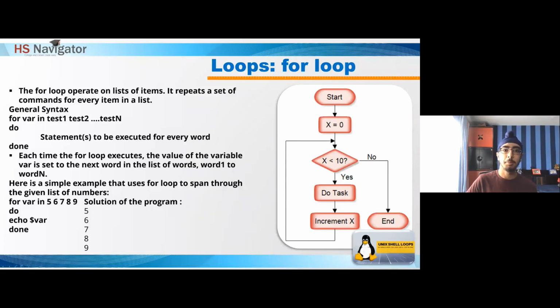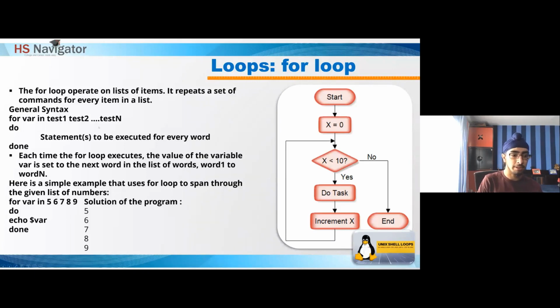The basic syntax is: for whatever variable in the list that you have, do the statements that you want to execute, done. Let's say you have a loop where you're trying to go over a set of words. You could do for var in potato, tomato, salad, and chicken, then do echo $var.